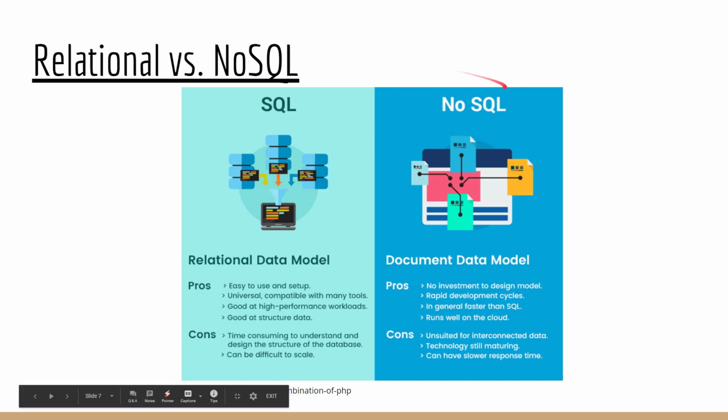For NoSQL databases, there is no investment to design a model. You can go straight to saving your data. It has rapid development cycles and it is faster than SQL in general. But it is unsuited for interconnected data.